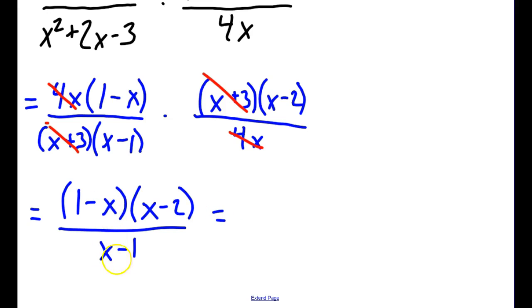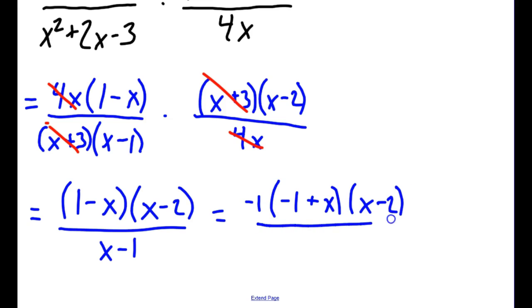If we have 1 minus x and x minus 1, those are very similar. What we can do to this numerator is factor out a negative 1. So if I take a negative 1 out of this numerator, it's going to change the sign on everything that follows. So this becomes negative 1 plus x, and now I have still an x minus 2, all divided by x minus 1.